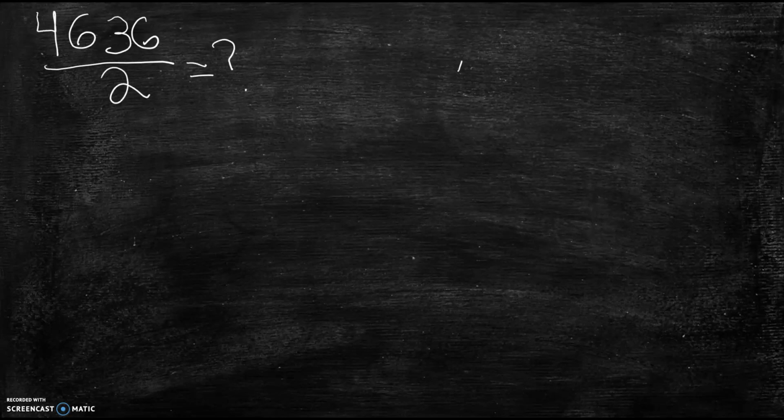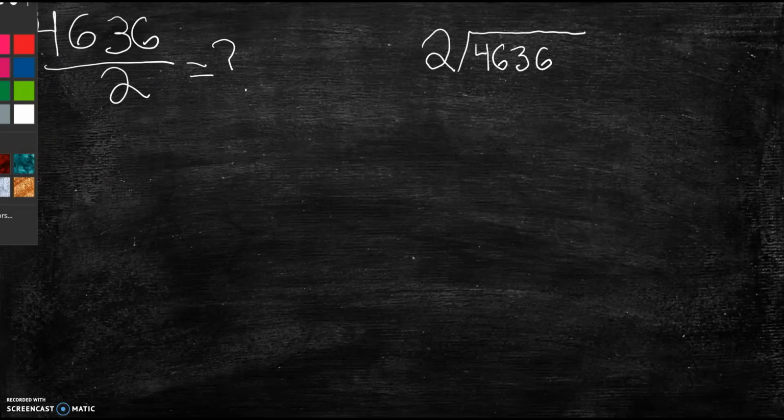So first things first, draw your little house and put the big number inside. Small number goes outside. Good job. All right. Now, how many times does the number 2 go into the number 4? That's right, 2.